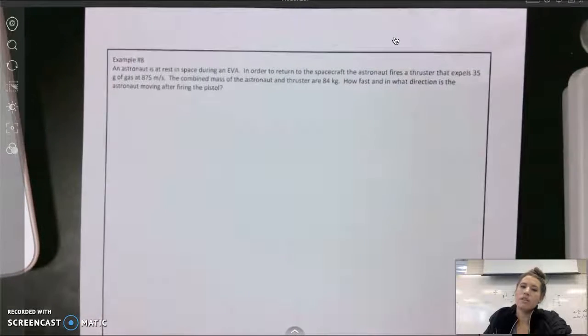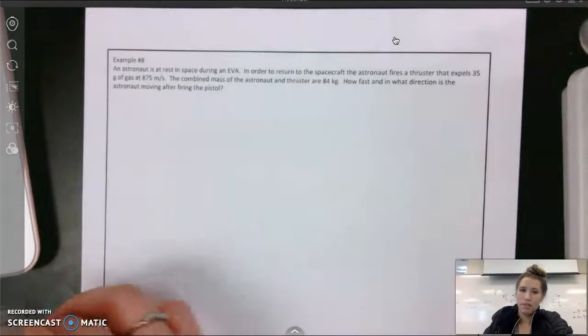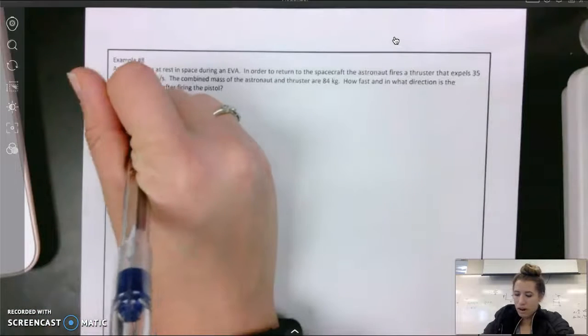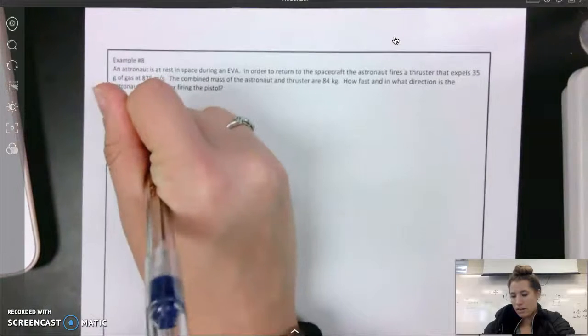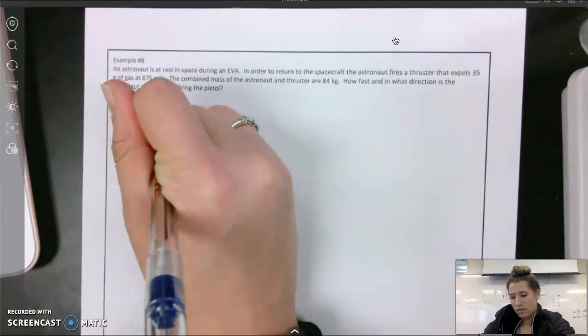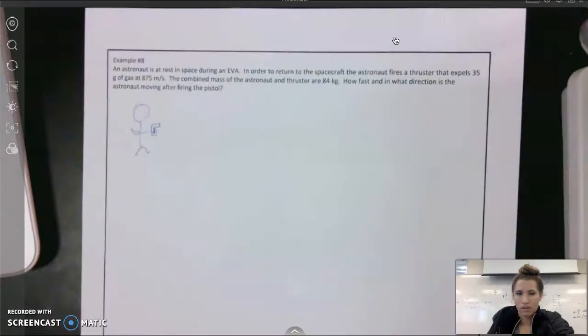Okay, so let's think of what's happening here. We initially have everything all together, right? We have our astronaut with the thruster, and it's full of the gas there, okay?